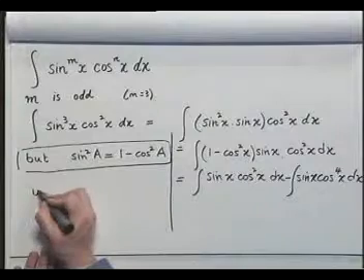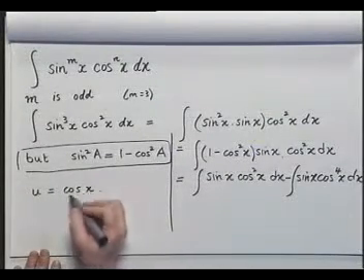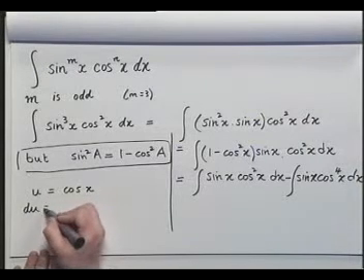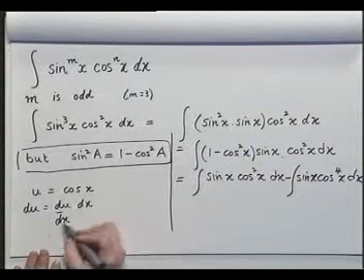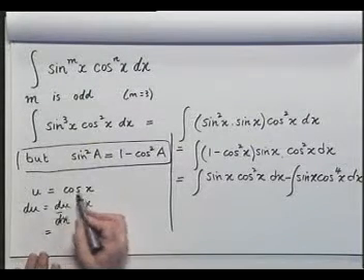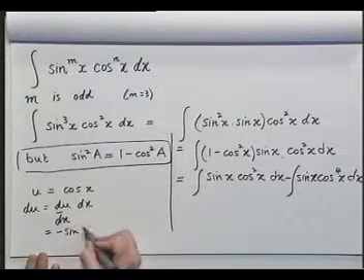Now, each of these integrals can be evaluated by making a substitution. If we make a substitution and let u equal cosine x, the differential du is du/dx dx. Du/dx, if we differentiate cosine x, we'll get minus sine x.